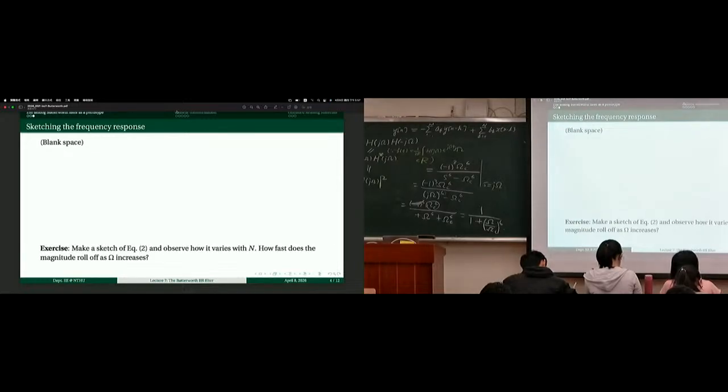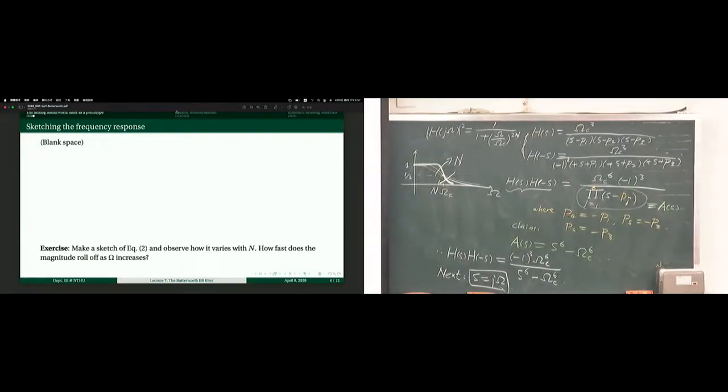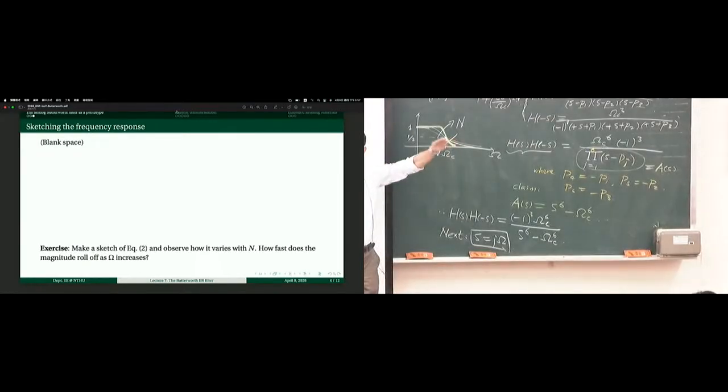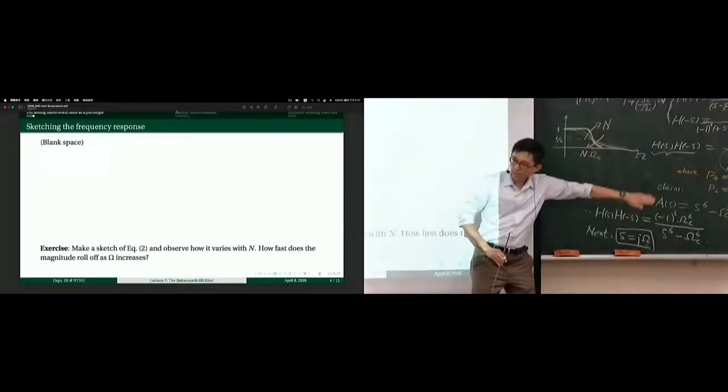And further and so on. So when n decreases, we have a more shallow transition and more shallow decay. As n increases, we have a more flat and a rapid transition.